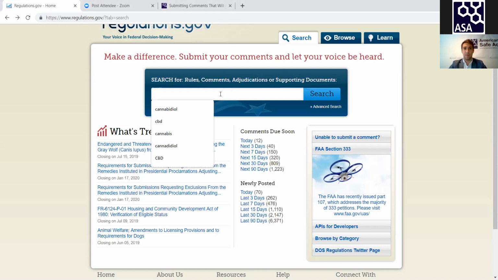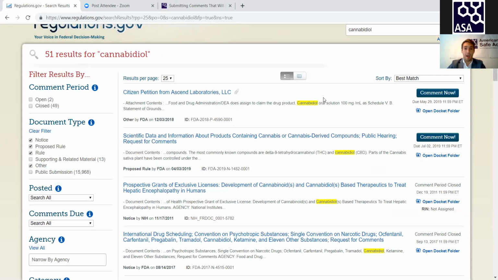So to navigate to the FDA's scientific call for information page, I've searched both for cannabidiol and CBD. Cannabidiol seems to be the easiest way to find it in terms of how indexing comes up. So we'll just put that in as our search term. And the way the FDA and Regulations.gov indexes calls for comments generally, they do it by closing date.